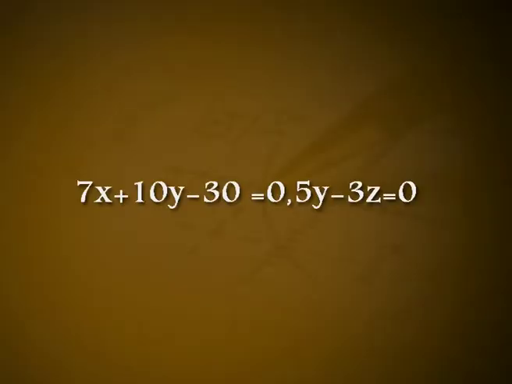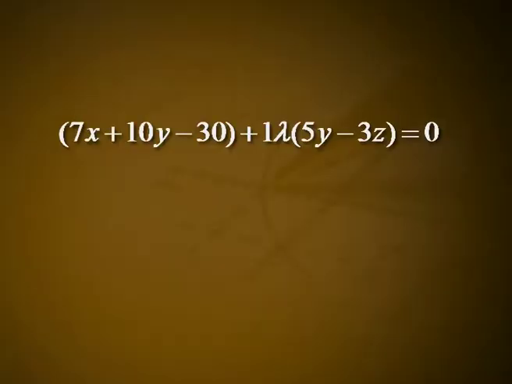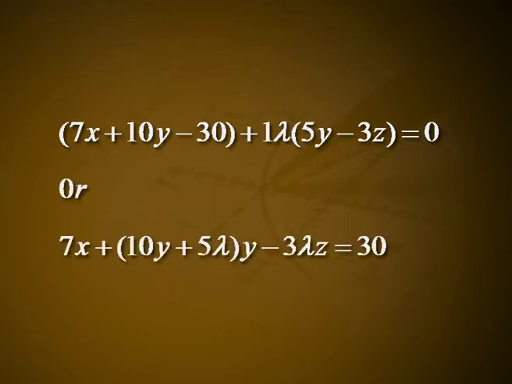Any plane through the line 7x plus 10y minus 30 is equal to 0, 5y minus 3z is equal to 0 is 7x plus 10y minus 30 plus lambda into 5y minus 3z is equal to 0, or 7x plus 10y plus 5 lambda into y minus 3 lambda z is equal to 30.